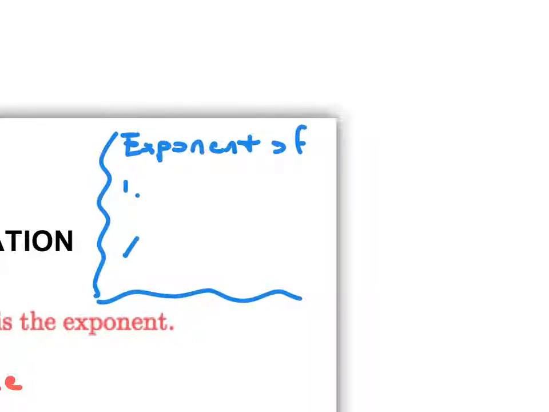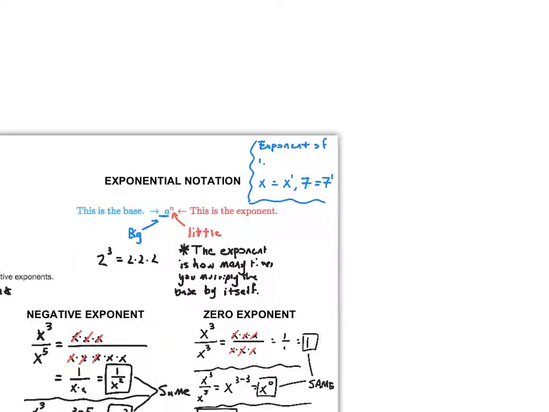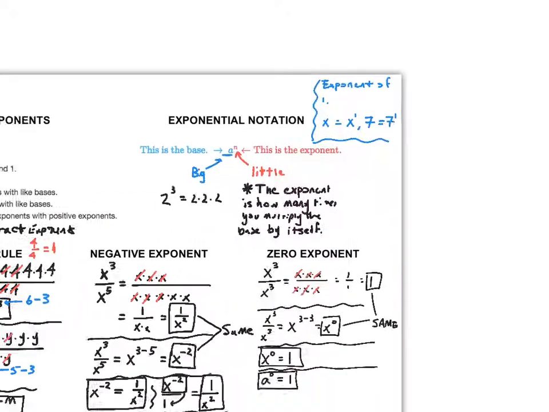So if I have x, that's really the same thing as x to the first power. Same thing if you just had the number, say, 7. 7 is really the same thing as 7 to the first power. That may trip you up if you see something like that going further on the assignment.